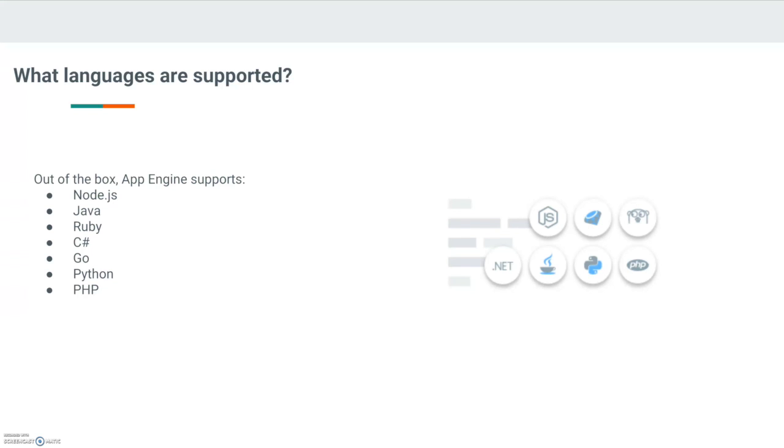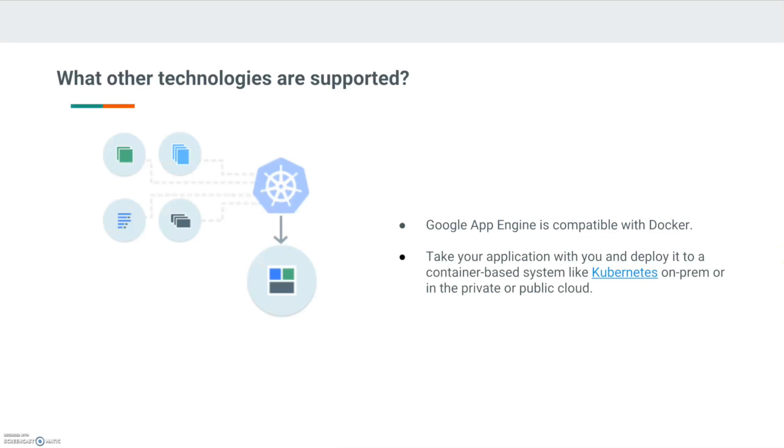However, now they are. Google App Engine is also compatible with Docker. That means that you can supply your own Docker image, or you can bring your own custom software stack. Also, Google allows you to take your application and deploy it to a container-based system like Kubernetes.